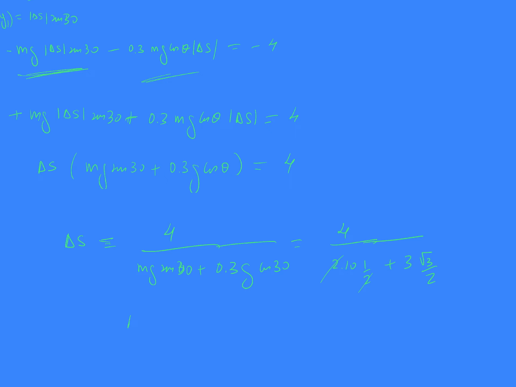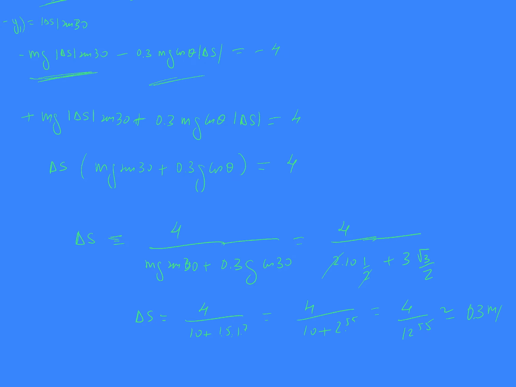So delta s will be equal to 4 divided by 10 plus 3/2, which is 1.5, times 1.7, the square root of 3. 1.5 multiplied by 1.7 is 2.55, so it will be 4 divided by 12.55. It will be approximately 0.3 meters.